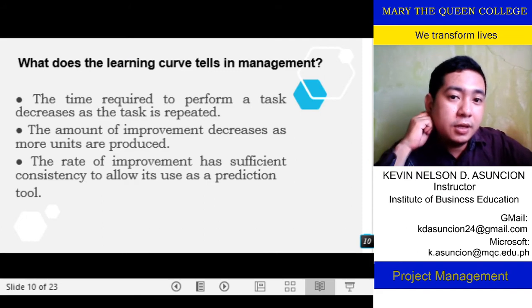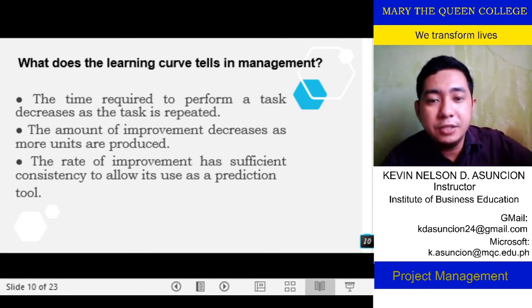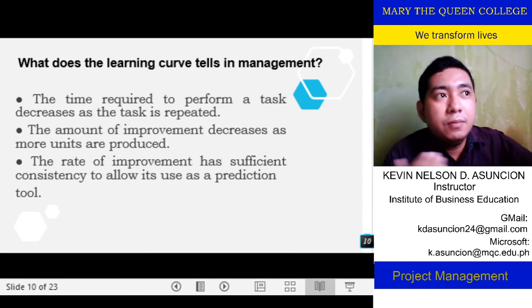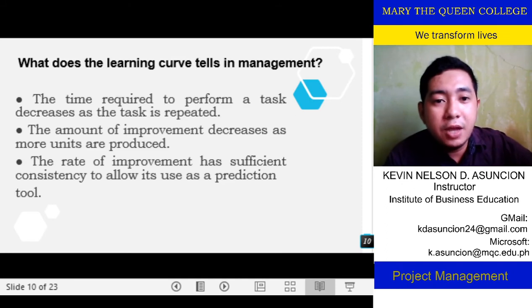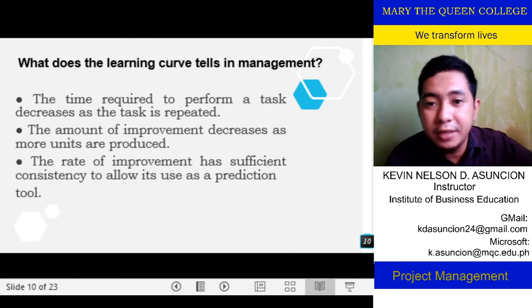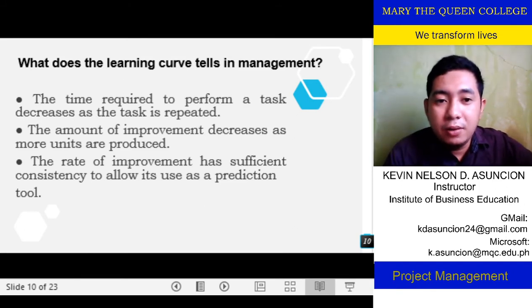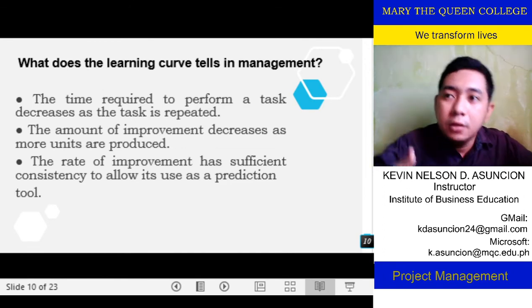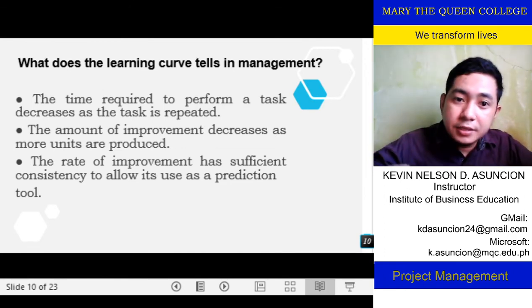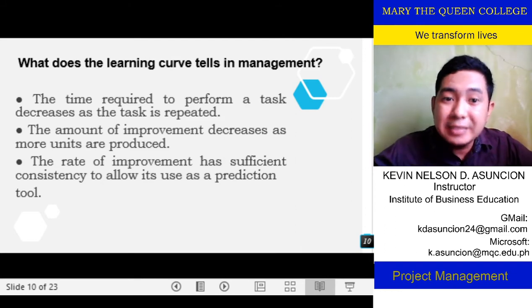So what does the learning curve tell the management? In project management, ano yung naitutulong ng learning curve? The time required to perform a task decreases as the task is repeated. Sinasabi sa management that in practice, kapag lagi niyang ginagawa yan, mas nasasanay siya.